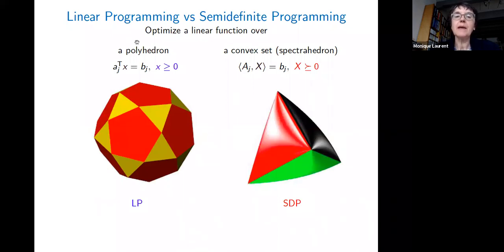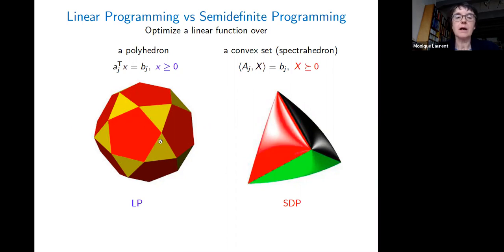In linear programming, we want to optimize these linear objective functions over a feasibility region, which is a polyhedron, which means that we have a vector variable x satisfying a certain number of affine equations, and x constrained to lie in the non-negative orthant. On the other hand, in semi-definite programming, what we have is a matrix variable X satisfying again a bunch of affine constraints, but now the matrix variable X is constrained to be positive semi-definite.